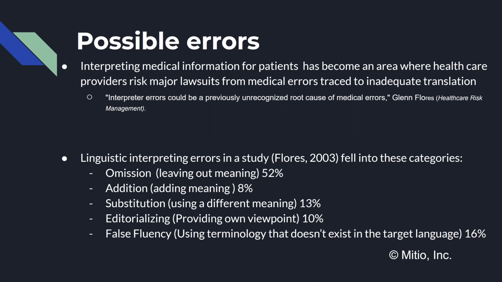However, they can be minimized greatly by self-evaluation, by active listening, by really, at the same time that we're interpreting, evaluating the interpretation in order to catch any of these issues. And when we do catch them, we go into third person and we state the interpreter needs to correct something, and then go ahead and do the correction. So now that we've seen all these possible errors, let's go to the next slide.